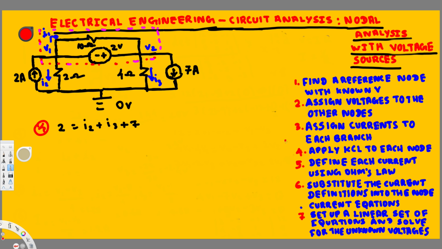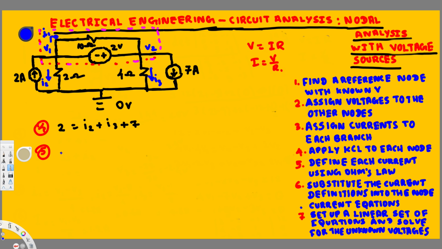And then the fifth step is define each current using Ohm's law. We know that Ohm's law is V equals IR, and we are going to define current in terms of this. So I is equal to V over R.